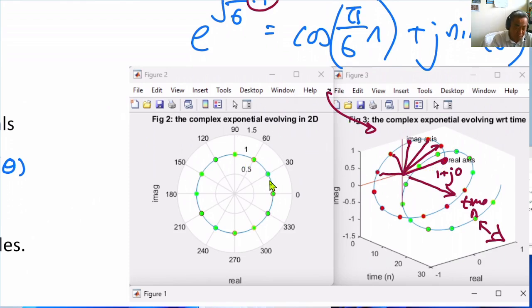And then in here you will see that this is the first sample, this is the second sample, third sample, fourth sample, and again you will see that this is a phasor rotating anti-clockwise. Notice that the distance to the origin is constant, because it is 1 times exponential j pi over 6 and 1 doesn't change. So this is actually the radius 1 over here.